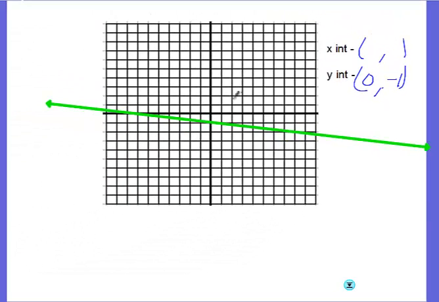Okay, and our x-intercept, we're going to start at the origin, and we're going to go 1, 2, 3, 4, 5, 6, 7, 8. It's actually right here, the line's just a little big. So we know that our x-intercept is -8, since we had to go in the negative x direction, comma, 0. So the x-intercept is -8, 0. The y-intercept is 0, -1.